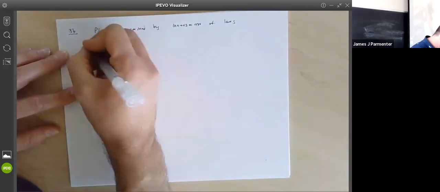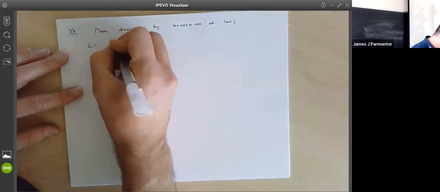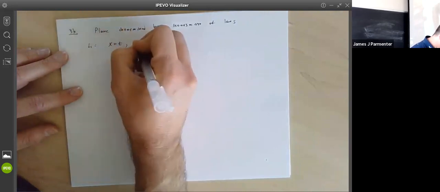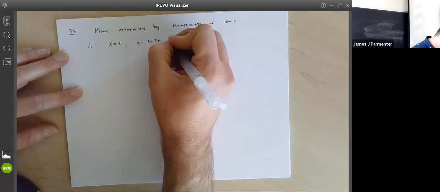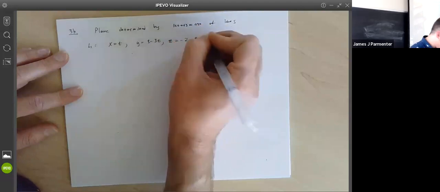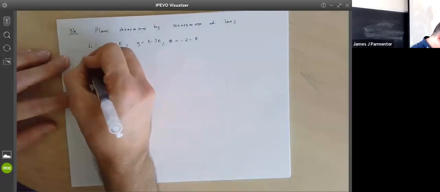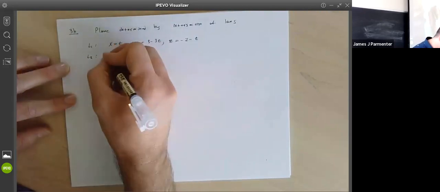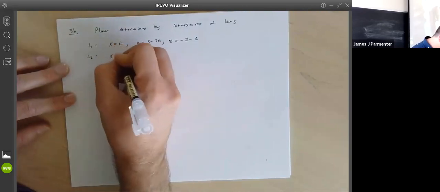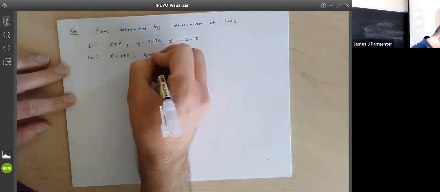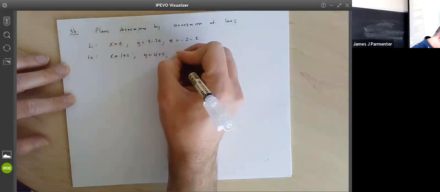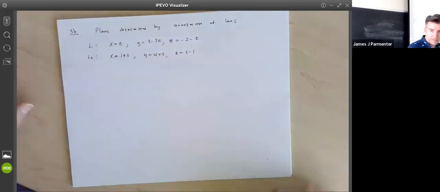We have L1 given by x equal to t, y equal to 3 minus 3t, z equal to -2 minus t. T can be anything. And then L2 is x equal to 1 plus s, y equal to 4 plus s, z equal to s minus 1.